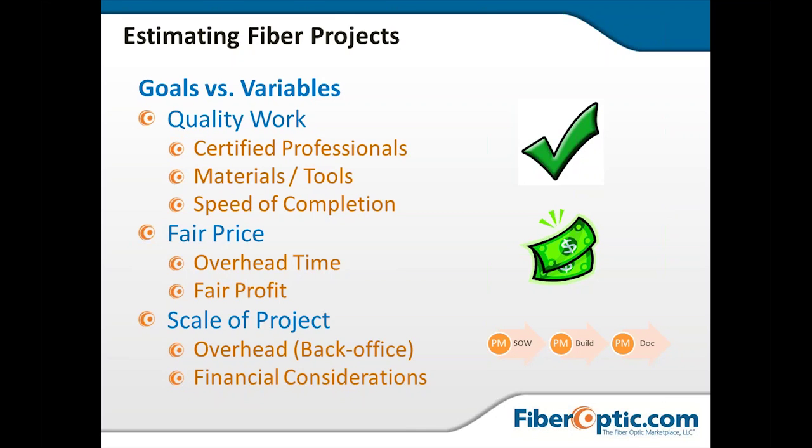We want to make sure that the individuals working on our project are properly trained and certified. We want to make sure that the materials being used are appropriate for the environment, the conditions, and the potential speed or bandwidth that we're trying to achieve over the fiber.